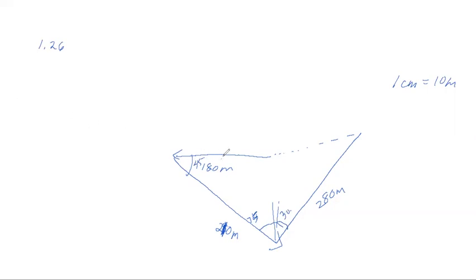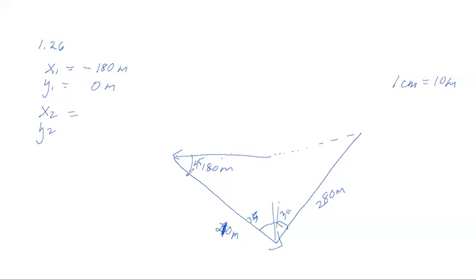So this first one, we want x1, y1. x1 is just simply going to be negative 180 meters. I don't need any math to do that. And y1 is going to be 0 meters. And then this guy is x2, y2. I'm going to recognize it's going to be in the fourth quadrant.